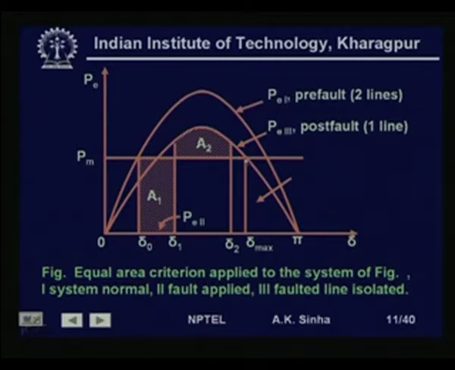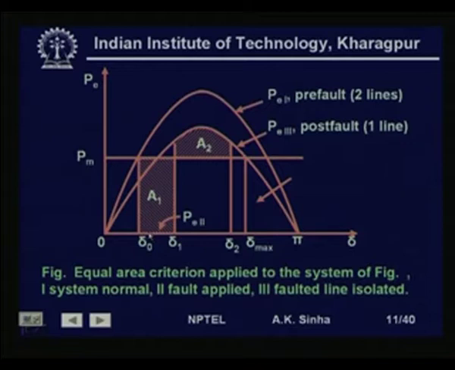That is up to this point delta max, which will be equal to pi minus this angle. So, pi minus this angle gives me delta max, and that is the maximum point up to which we can work. That will give me the critical angle.